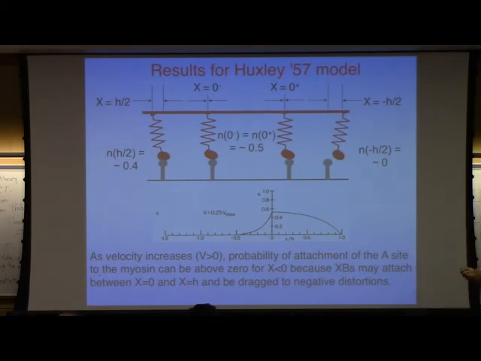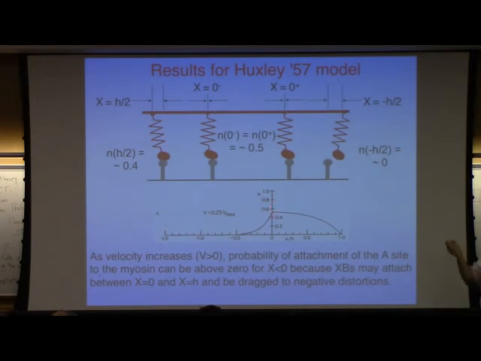So there's really a sort of a trading of 2 things. There's what's going on, attaching and detaching at any given distortion, and what's getting pulled there. Not only what gets pulled there, but what gets taken away. So it's really this kind of trading between attachments and what's moving because you have this net translation of the thick and thin filaments. So you might also notice that if you look, say, at the maximum probability of attachment, it's lower.